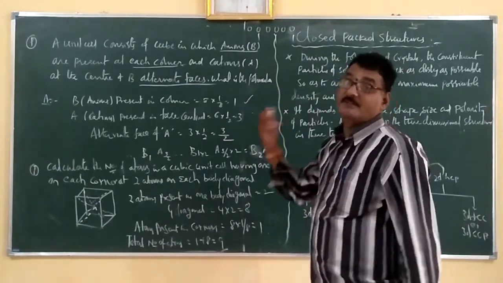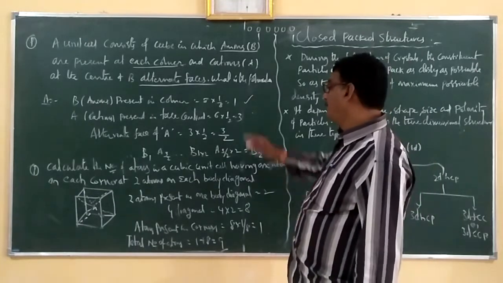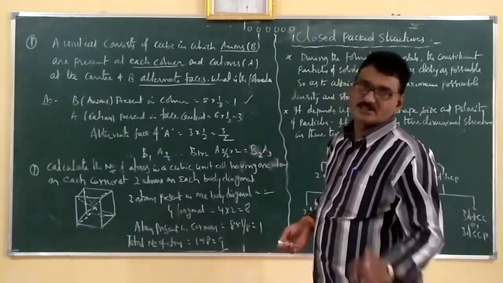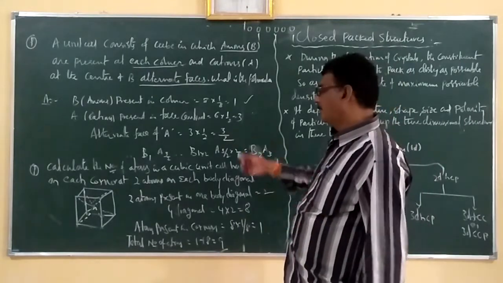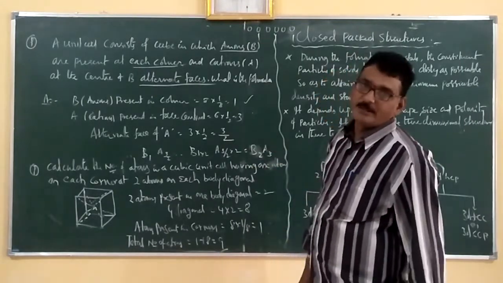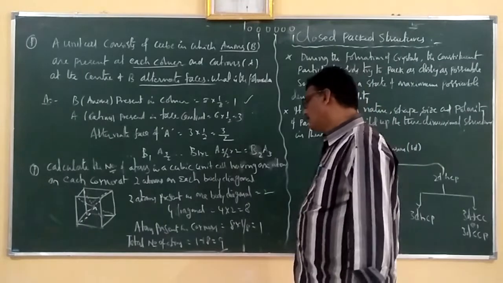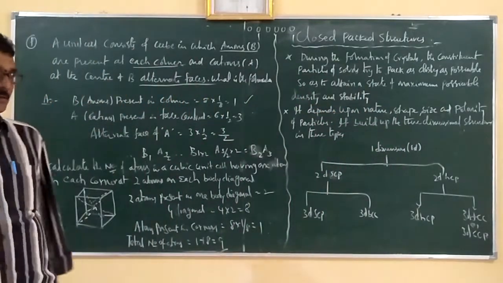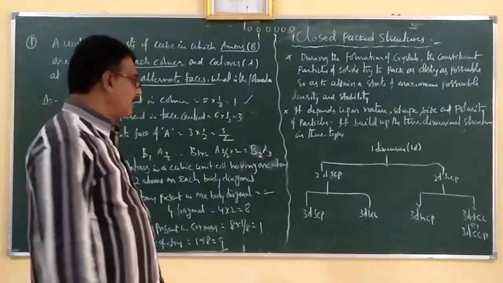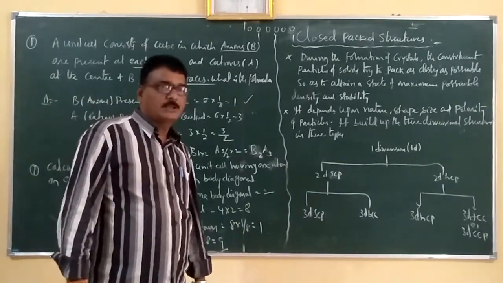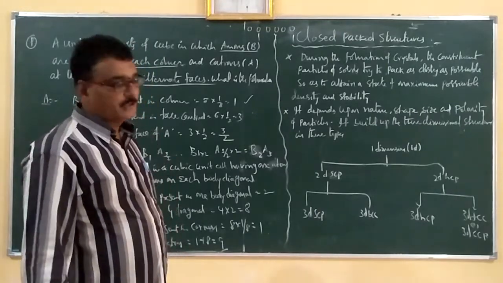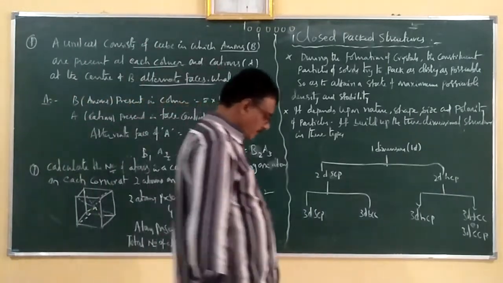Compared with B, B will be the same, but A on alternate faces means 3, so 3 into 1 by 2 is equal to 3 by 2. Therefore, A is 3 by 2 and B is 1. Therefore, multiplying by a suitable number, the answer is A3B2 or B2A3. That is the first part.